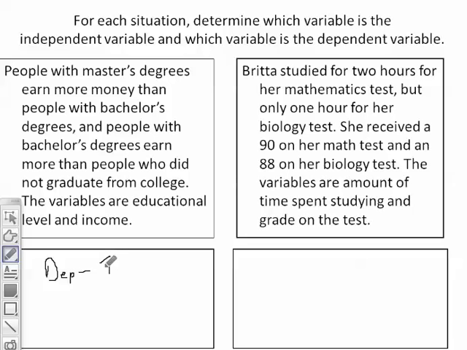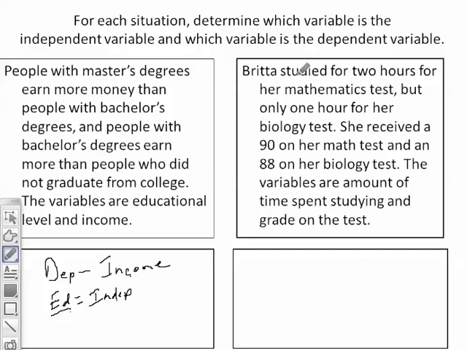It depends on your independent variable, your education. Your income depends upon what your education level was. So your independent variable is your education, your dependent variable is your income.